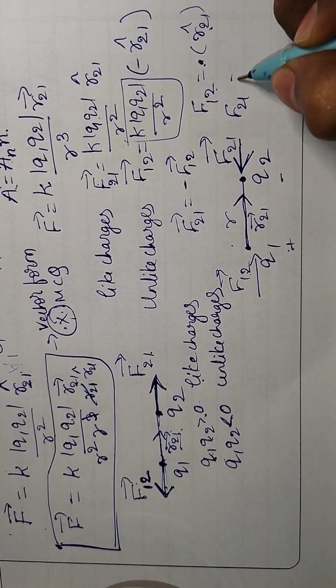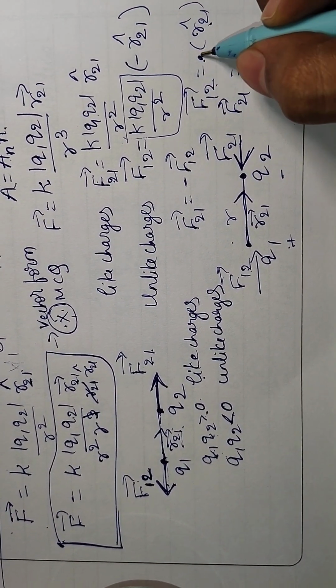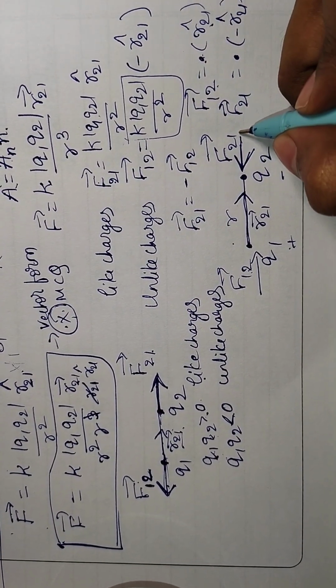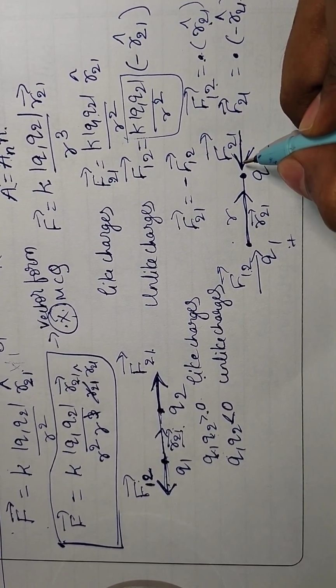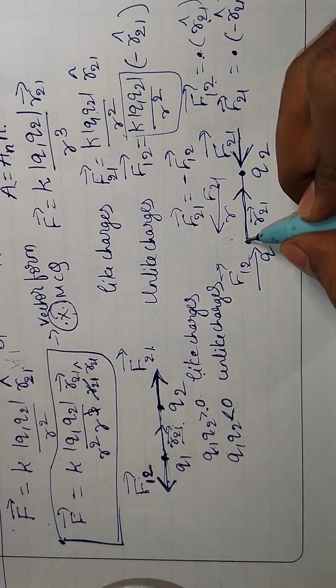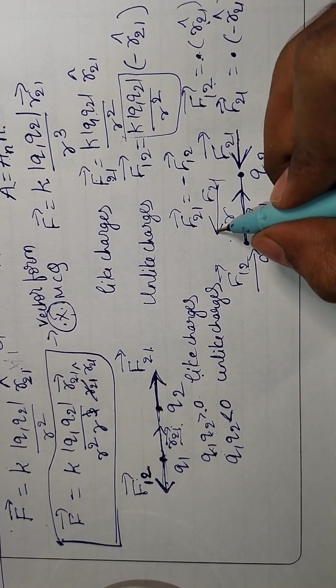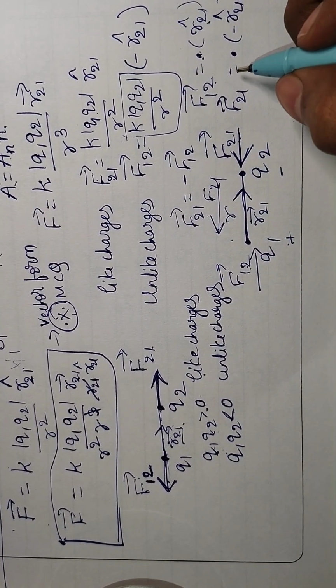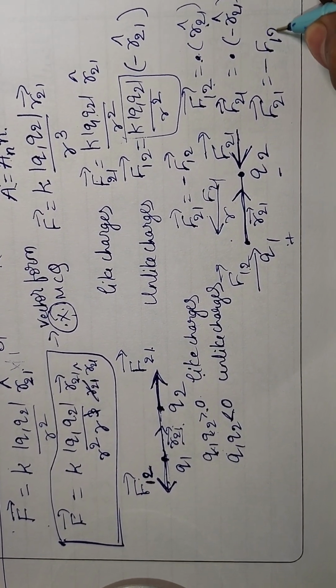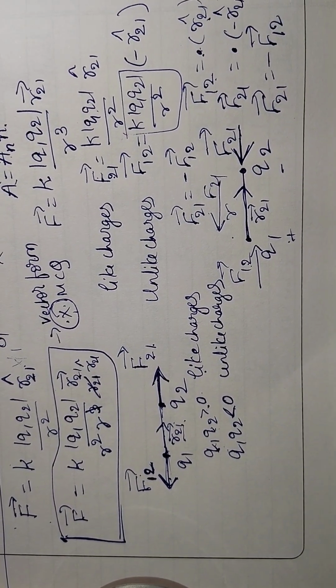What will be F21? It will be same magnitude but opposite direction. See, now F21 is moving in this direction, that is opposite to this R21. R21 is going from here to here, F21 is coming from here to here. So here also that equation is valid. F21 is equal to minus F12 vector.